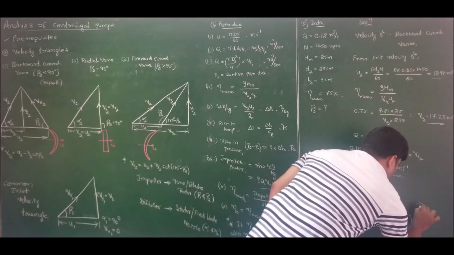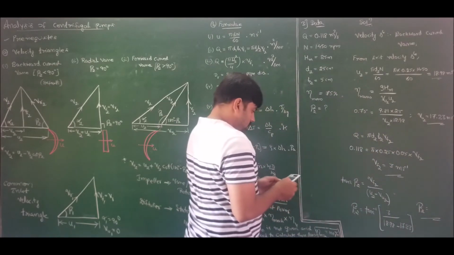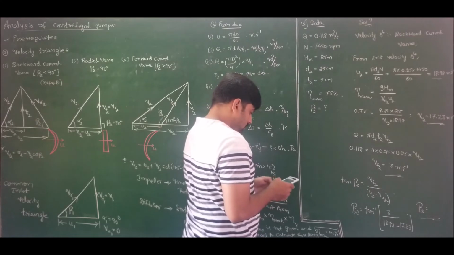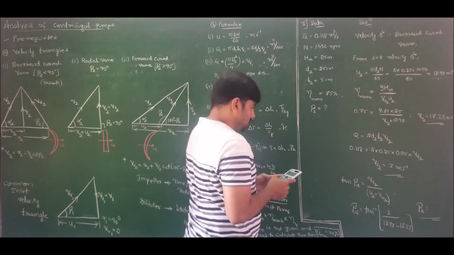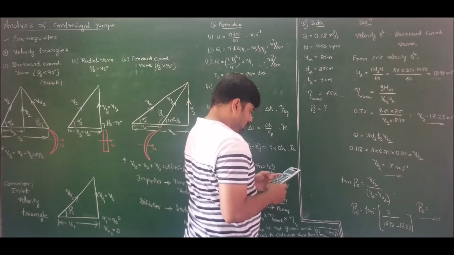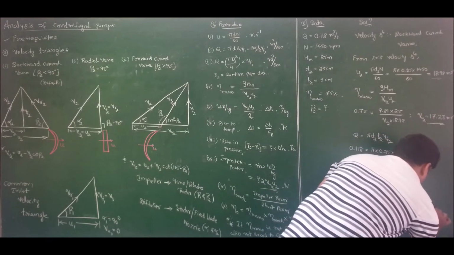So therefore, blade angle at outlet is tan inverse of 3 divided by 18.98 minus 17.23, which is 59.74 degrees.